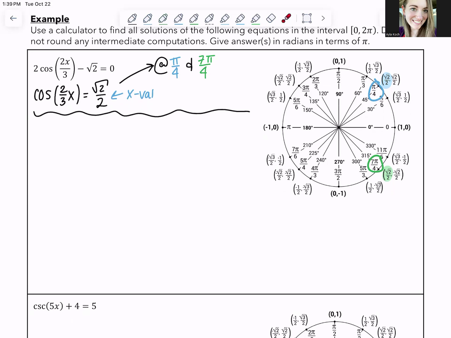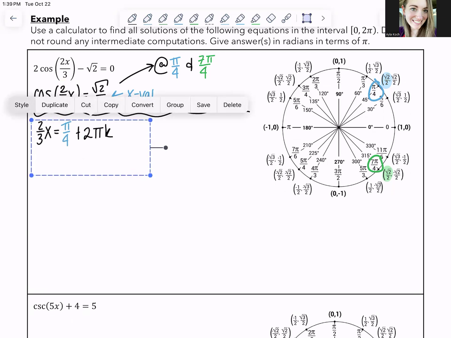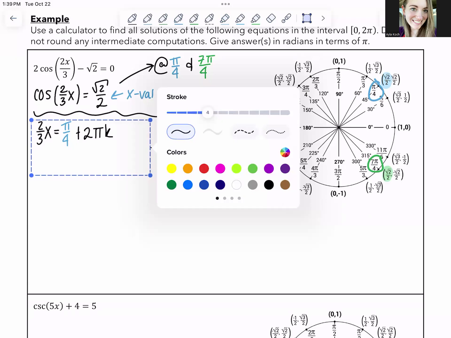We're taking this entire angle in here, 2/3 x is equal to pi over 4 plus 2 pi k. And maybe actually I'll make this whole thing blue.